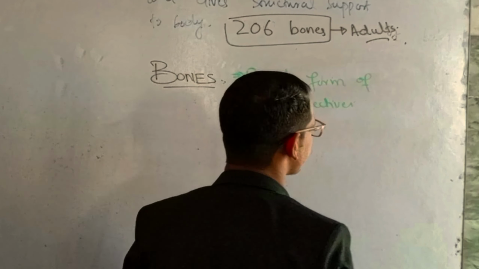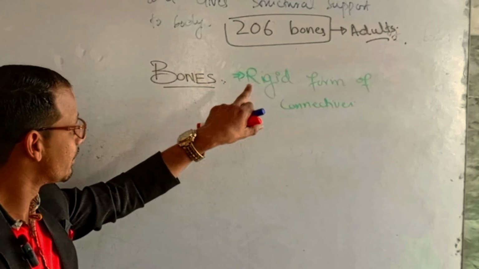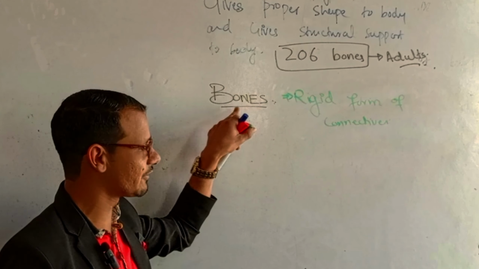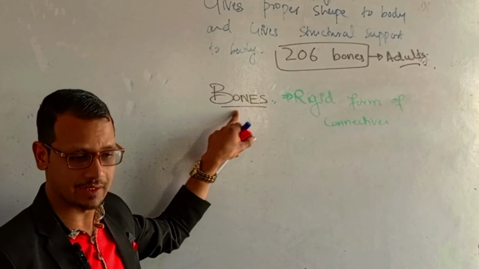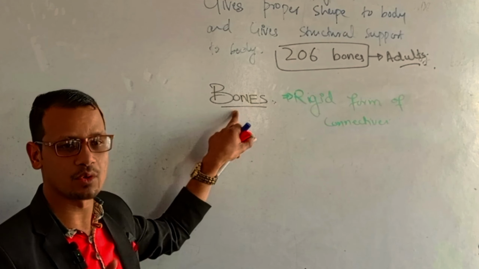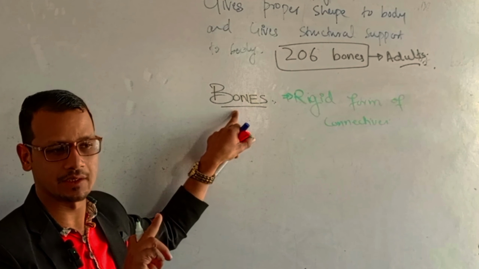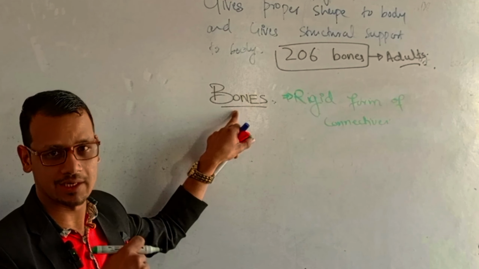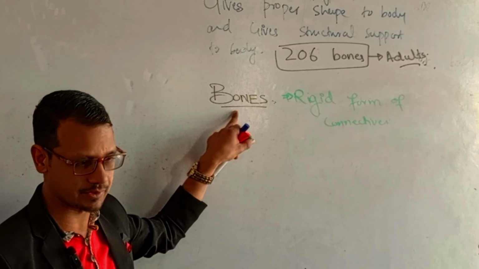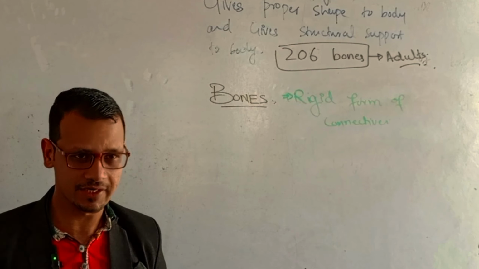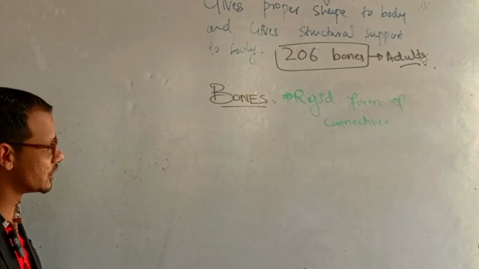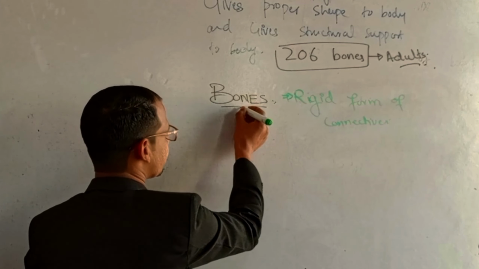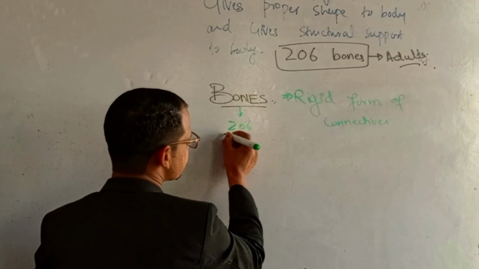We will discuss its structure in detail, but bones have collagen type 1, and any hard thing in the body which has no collagen fibers is not counted among bones. Like teeth are not bones because they lack collagen fibers. So bones are a rigid form of connective tissue, and the human body is composed of 206 bones.